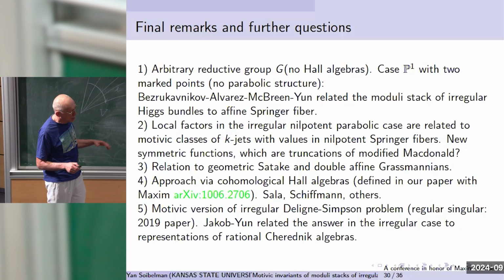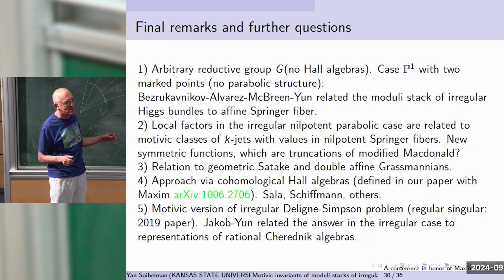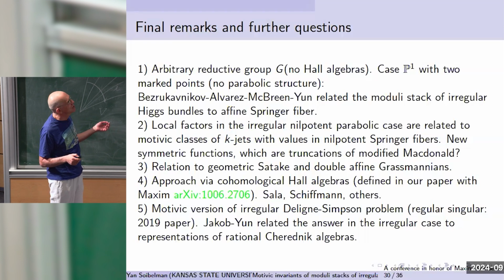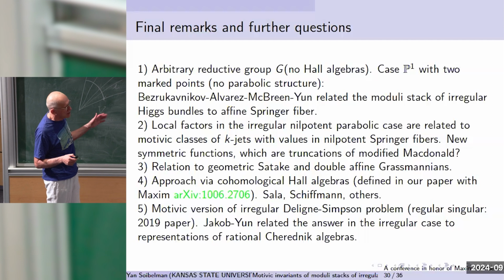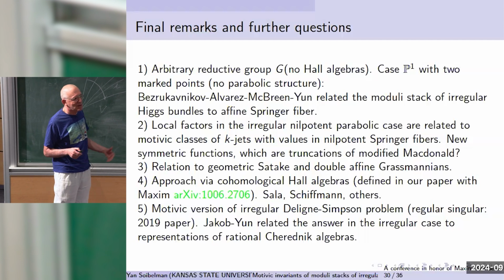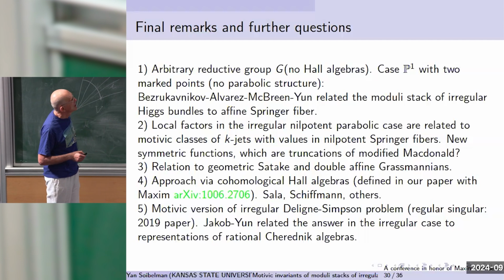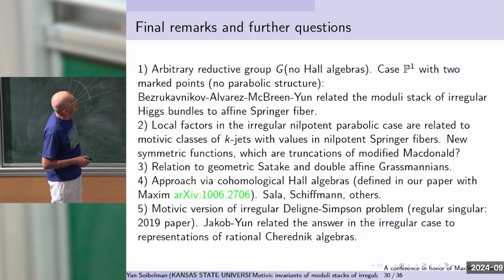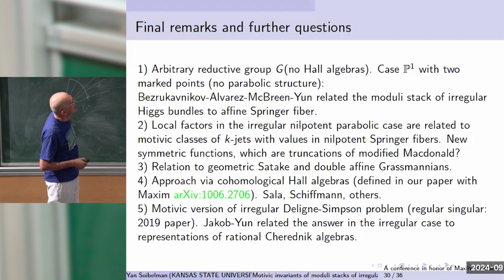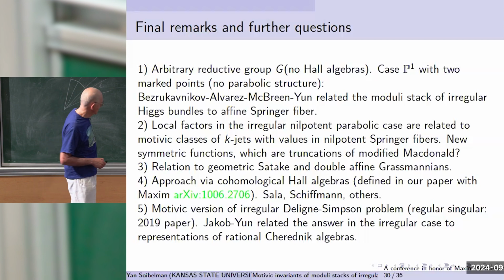They did null parabolic structure P1 with 2 marked points, irregular, and so they connected the stack of Higgs bundles to the affine Springer fiber. This is one story. Now, well, it takes more than just one slide. Will take more.